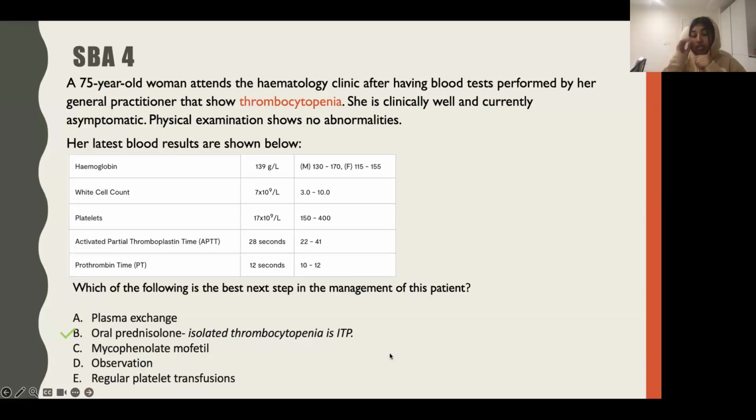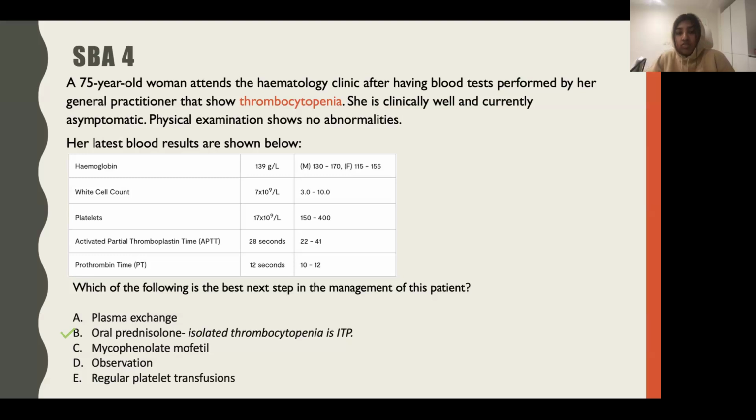The correct answer is oral prednisolone, because this is immune thrombocytopenic purpura, also known as idiopathic. So the main thing here is if it's an isolated thrombocytopenia, meaning everything else is normal.